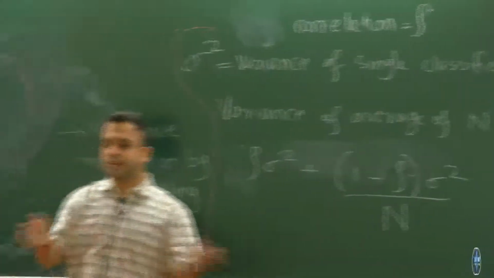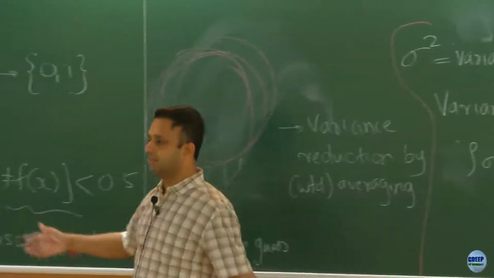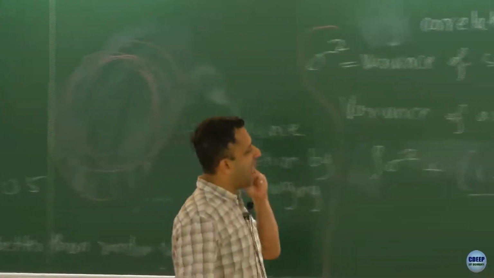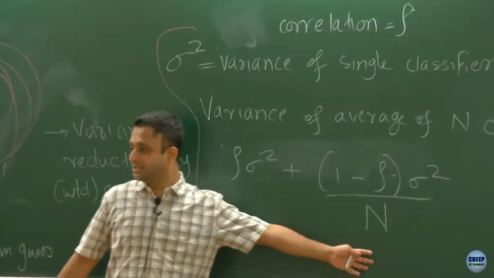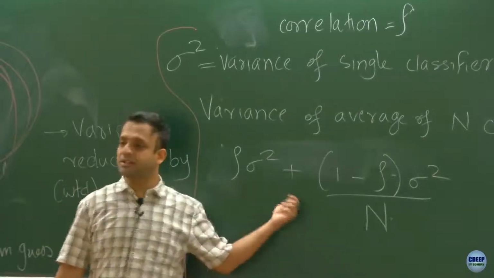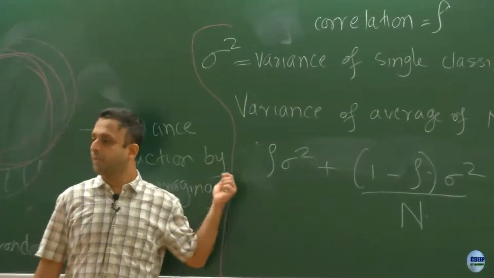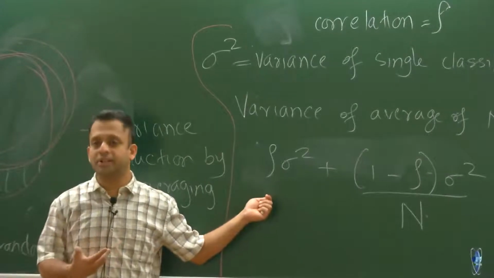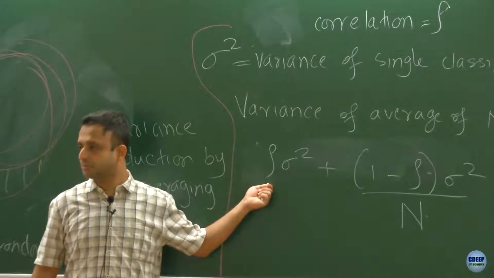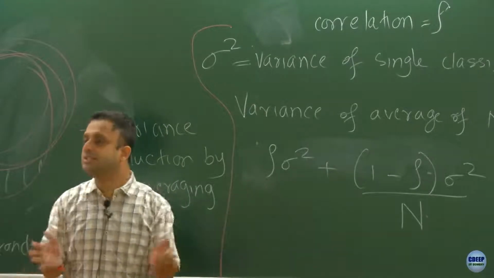So if the classifiers are independently chosen, and if there are a large number of classifiers, n is very large, then what do you expect? The first term, rho sigma square, will dominate, and even there, if rho is very small, basically the variance is shrinking.